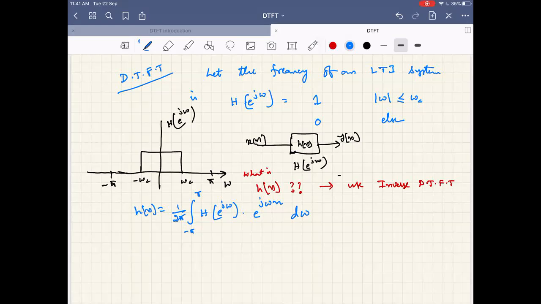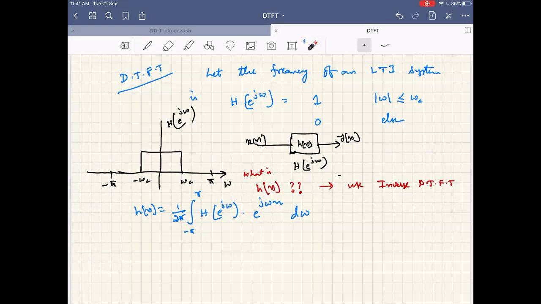I would like to take the contribution of the frequencies at different instances of time and get back the signal strength at a given instance, x of n. That's what I'm trying to do here.